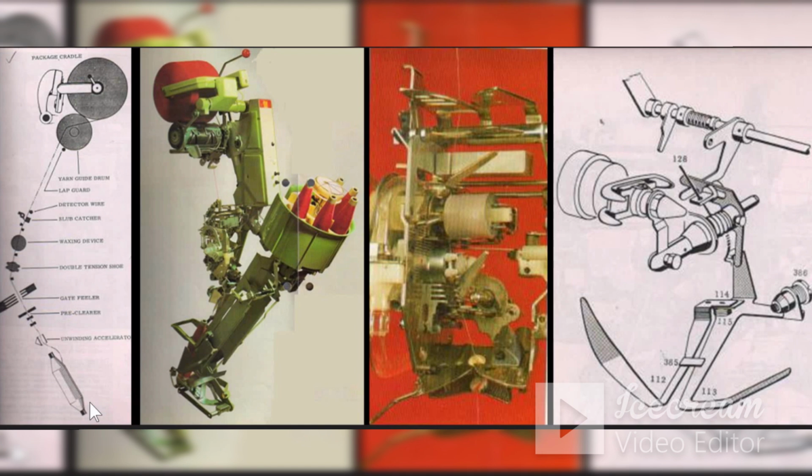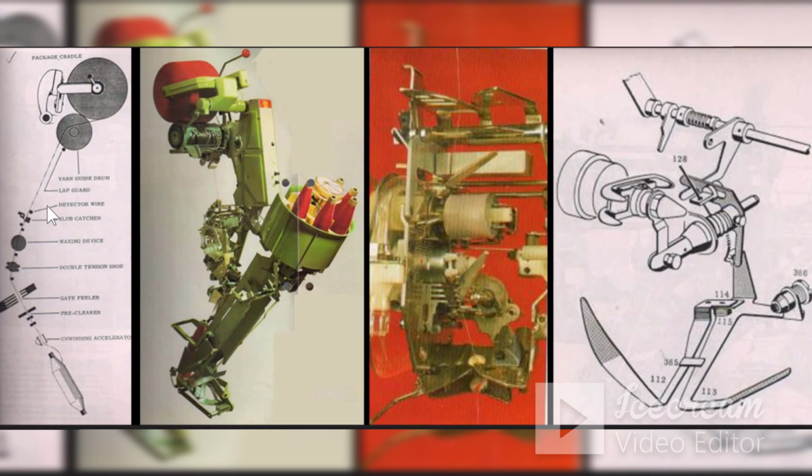So whenever the knotter comes on the spindle, the knotter should know whether only yarn breakage has taken place or the ring frame bobbin is exhausted.